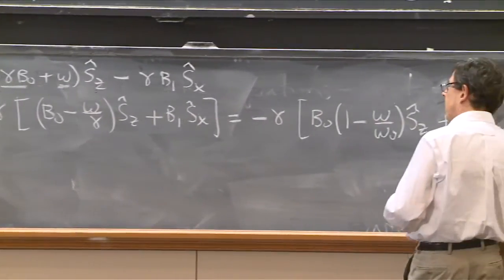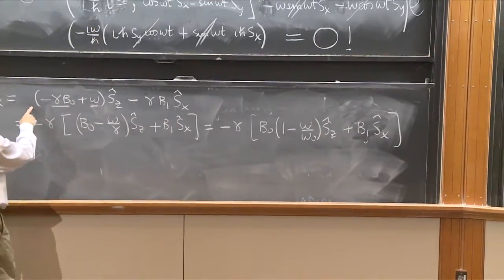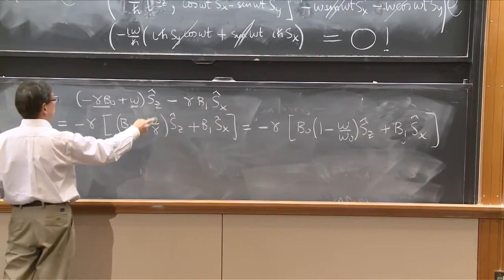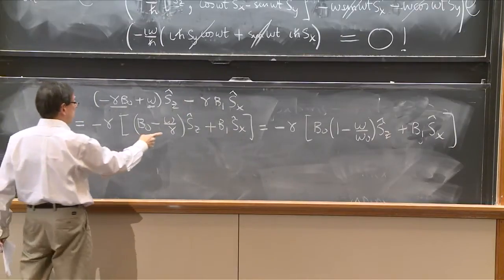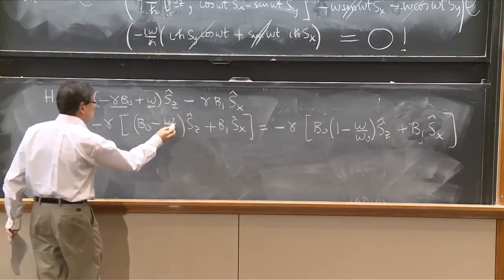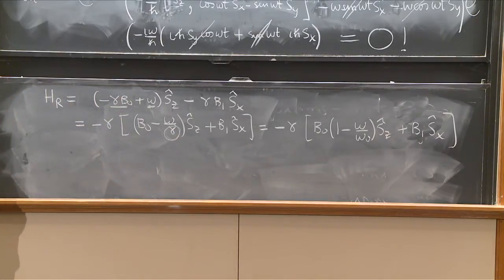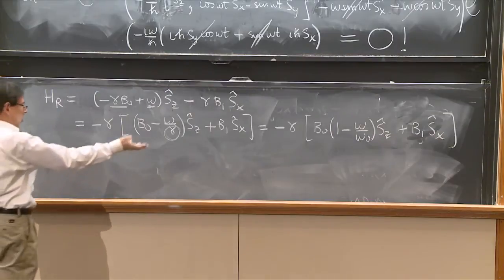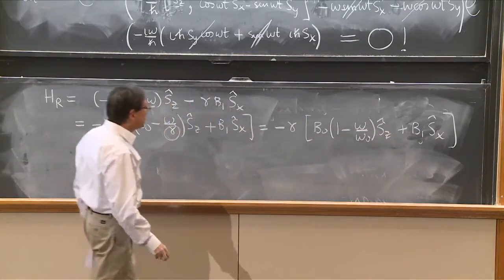So let me look at what we've done. First step, I just factored a gamma here, so nothing else, and the same gamma went out. Next step was to use this equation, omega naught equals gamma B naught, to eliminate gamma. So it's equal to omega naught over B naught, so the B naught went out, and you have 1 minus this thing.